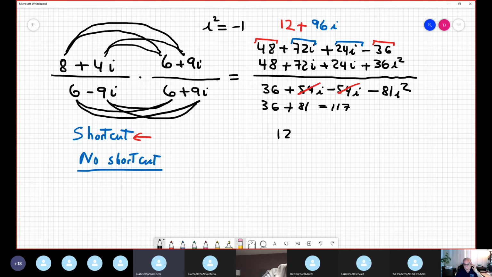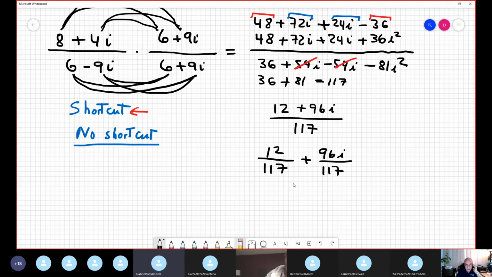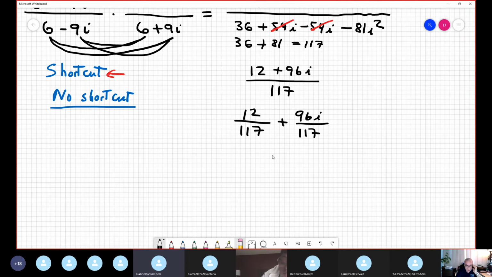So far, on my paper I have 12 plus 96i over 117. Well, we can split it: 12 over 117 plus 96i over 117. It's obvious that 117 and 12 can be reduced to lowest terms. 117 is divisible by 3, and 12 is divisible by 3.